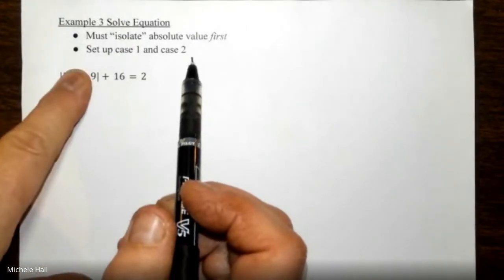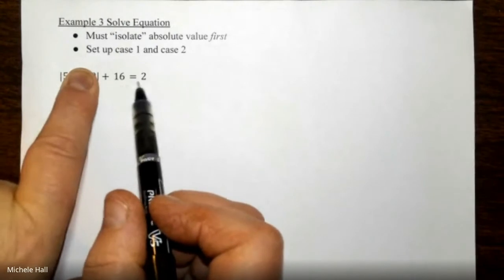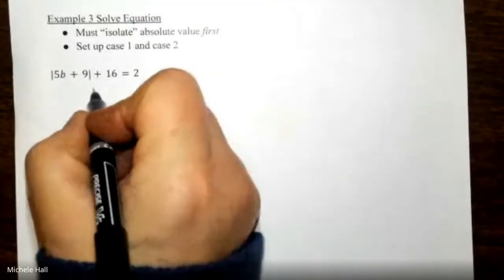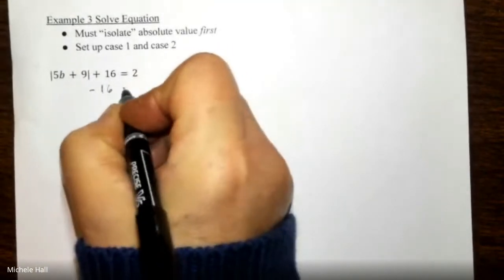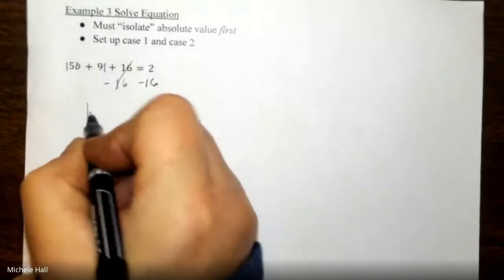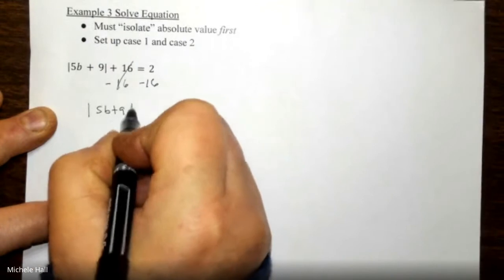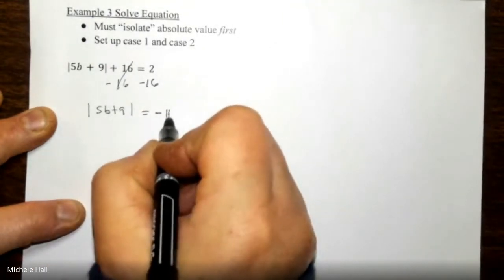So what's being done to this absolute value? It's being added by 16. I need to put the 16 on the other side. I'm going to subtract 16, and we're left with the absolute value of 5b plus 9 equals 2 minus 16 is -14.